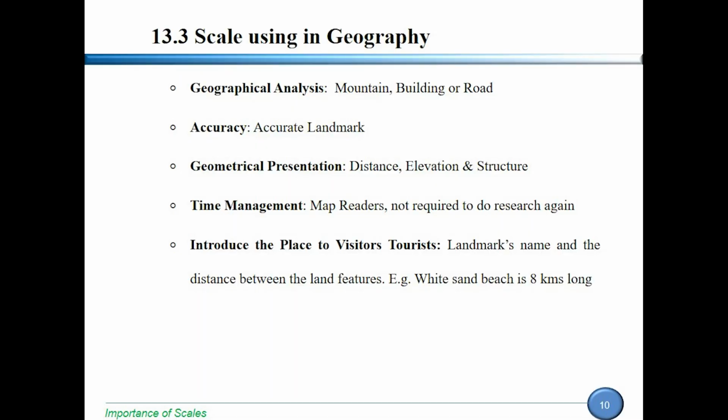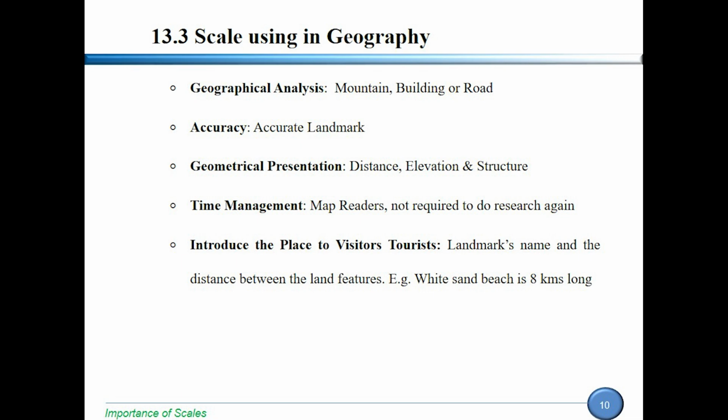Now, what is the importance of scale in the preparation of a map? When we look into this aspect, predominantly the scale is used for the analysis of the data that is present, maybe physical data or cultural data. For example, for mountains, contours represent the elevation, the height of a particular place.